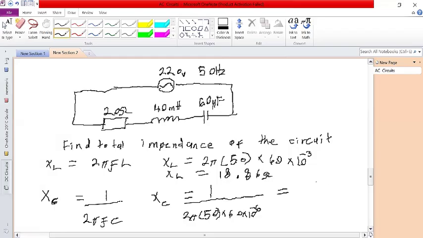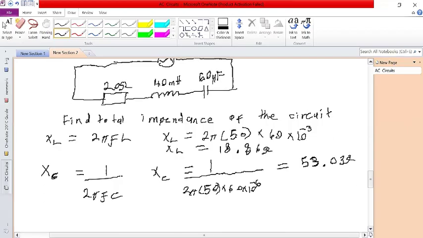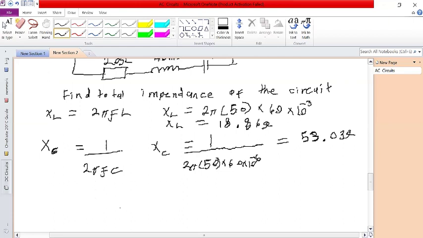So our capacitive reactance is 53.03 ohms.